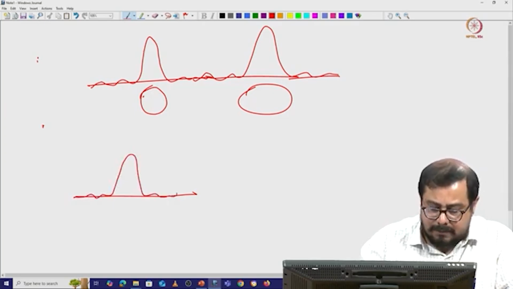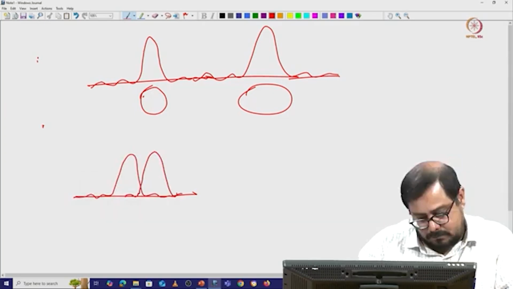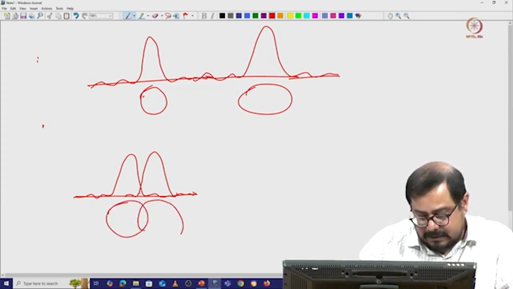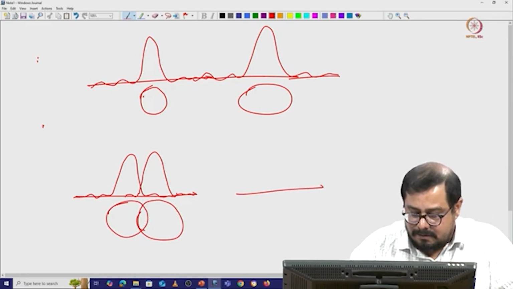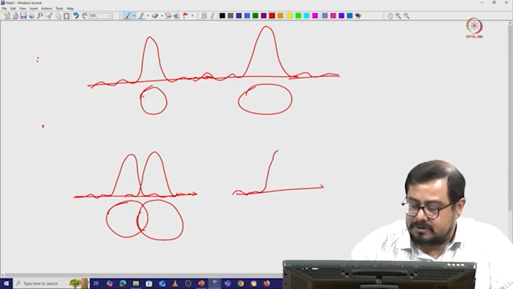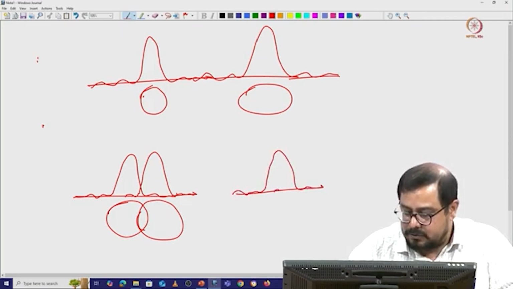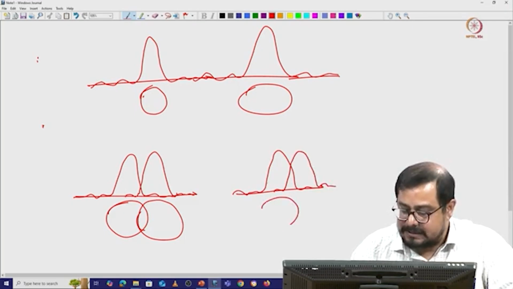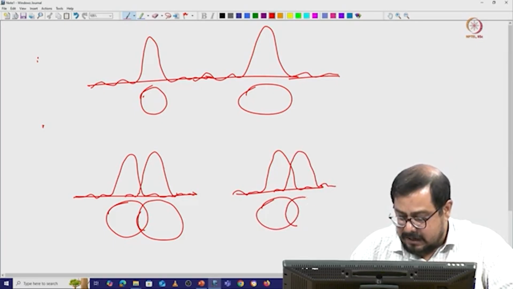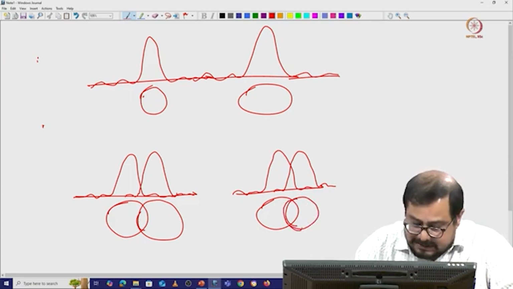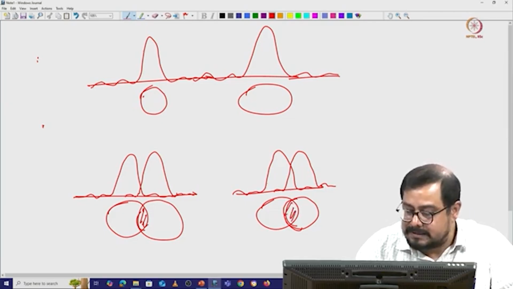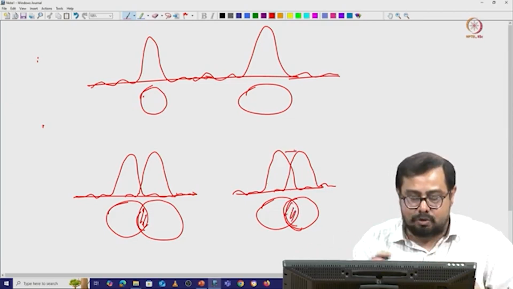One peak will come like that, the other one like this, so there is one Airy disc here and the other one here. The other possibility is this, where they are merging. You can see in this particular case these two Airy discs are overlapped with each other more. If we consider this area and this area, it is more because these two peaks are much more overlapped with each other.